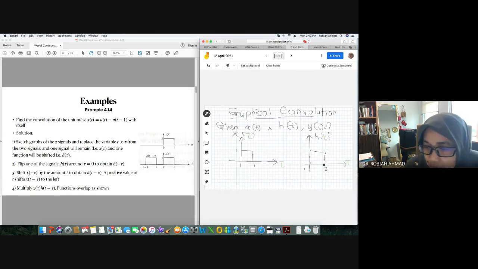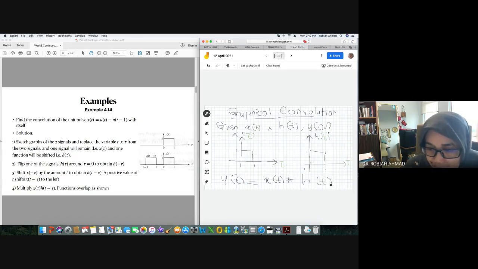So I have two identical signals, x(t) and h(t). I want to determine the output, which based on the equation should be x(t) convolved with h(t).